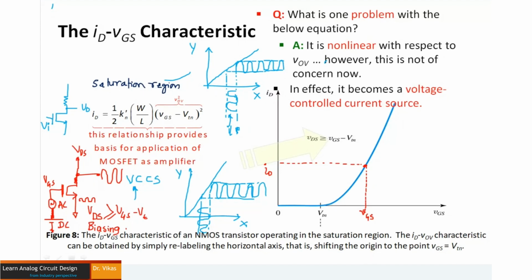Now let's say that you are pushing in a certain amount of VGS and you are obtaining this particular amount of ID, and this ID gets multiplied with the R, giving you the respective voltage. Now if you just figure out this particular ID and VGS, you're going to get that particular value of V naught.